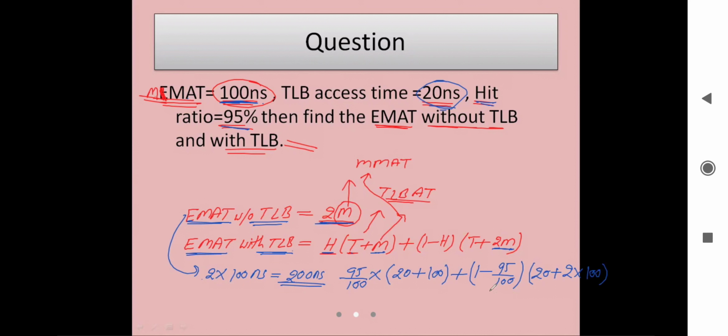Right, now we can simplify this one. So here it is 95 by 100 multiplied by 120, plus 100 minus 95, which means 5 by 100, multiplied by 2 into 100, that is 200, plus 20, 220.